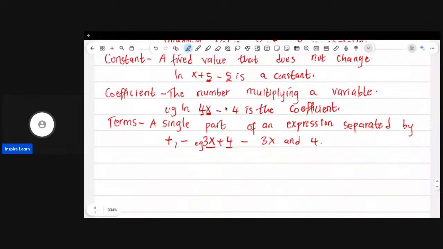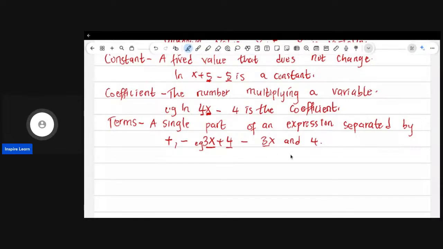Then we go to what a coefficient is. A coefficient, we have said, is the number multiplying a variable. For example, when we have 4x, the number that is multiplying our variable, which is x, is what we call the coefficient. Then a term is a single part of an expression separated by either addition or subtraction. For example, when we have 3x plus 4, we have two terms here.